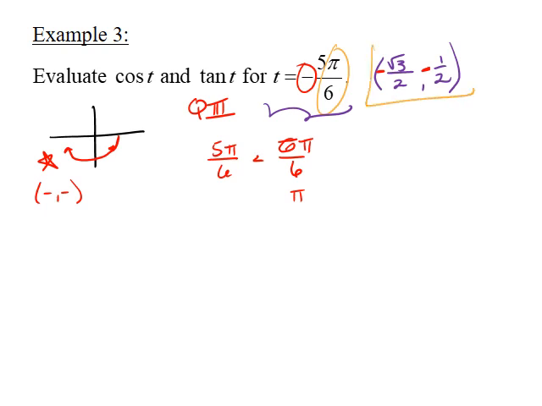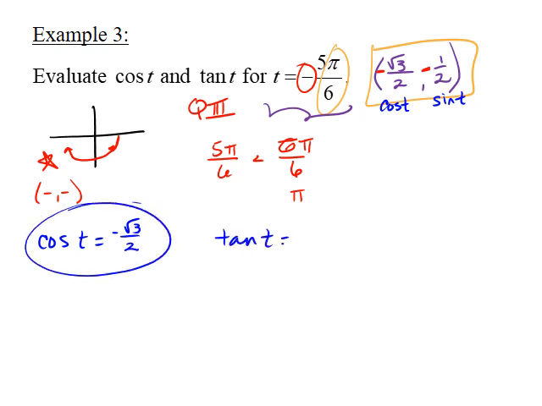Once I know this ordered pair, I can find anything that I'm asked about it. The 6 trig functions. This, remember, is cosine. This is sine. So with that information, cosine of t is negative root 3 over 2.